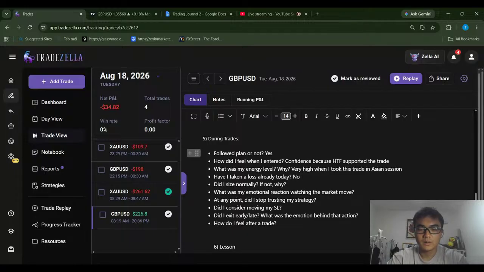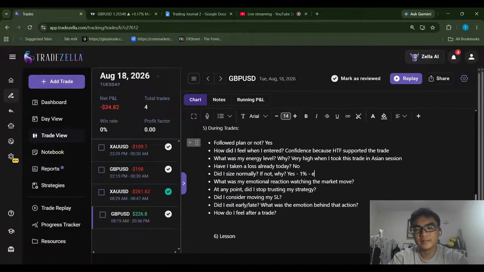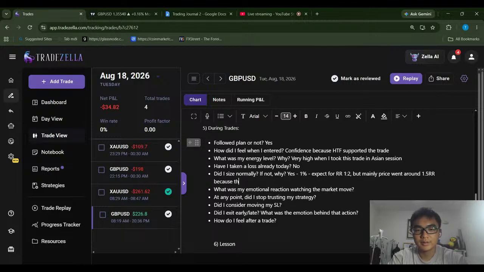Expected R is 1 to 2, but mainly try good when around, because this is the daily max volatility.